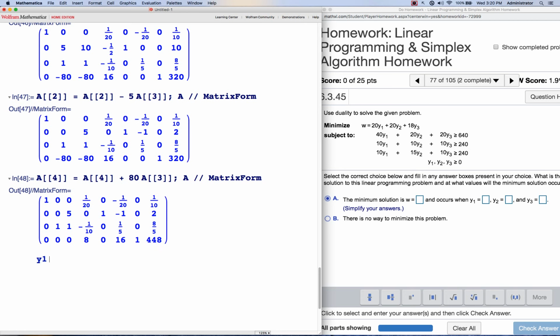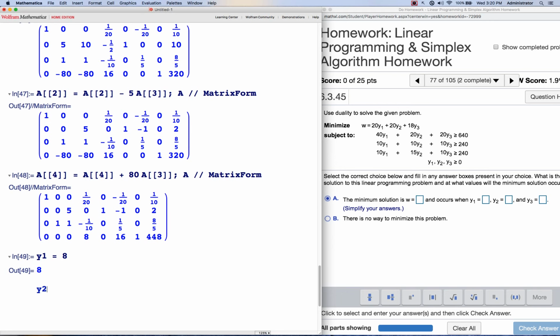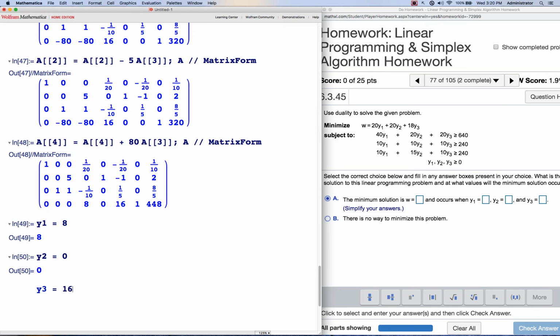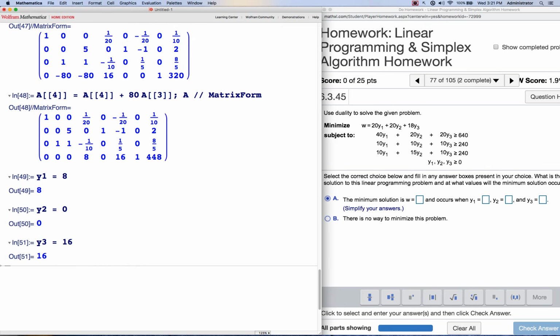Sorry about that. So y1 is equal to 8, y2 is equal to 0, and y3 is equal to 16. Okay.